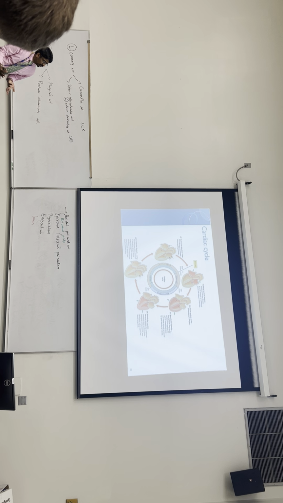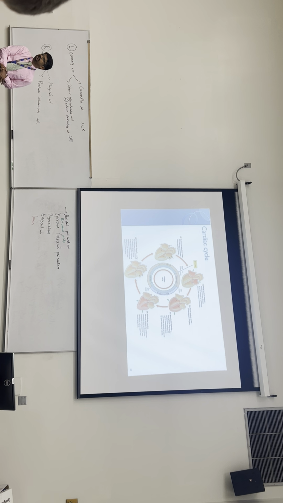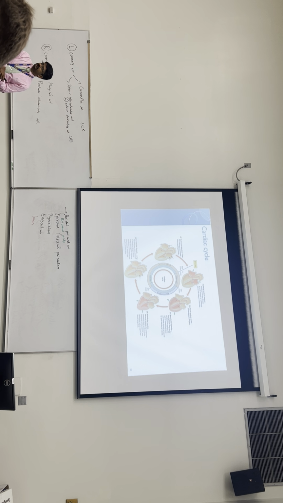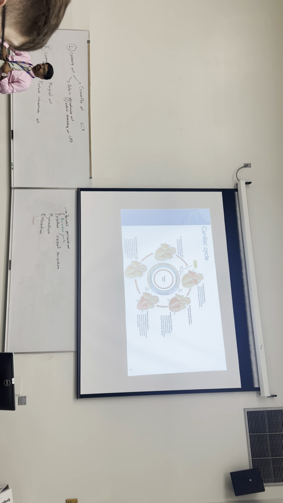Otherwise, everything else hopefully is straightforward, right? So we do have filling of blood to the ventricles even without atrial contraction. Why would the ventricles fill up with blood without the atria contracting? It's gravity, right? Which one is lower? Ventricle. So gravity pulls some of the blood passively to the ventricles.